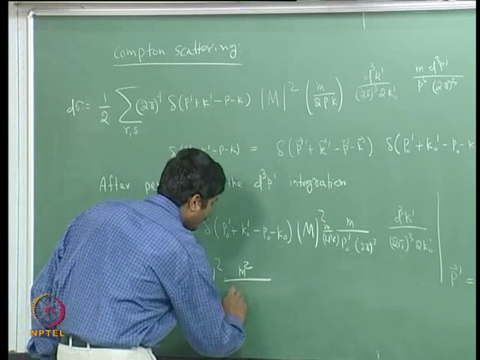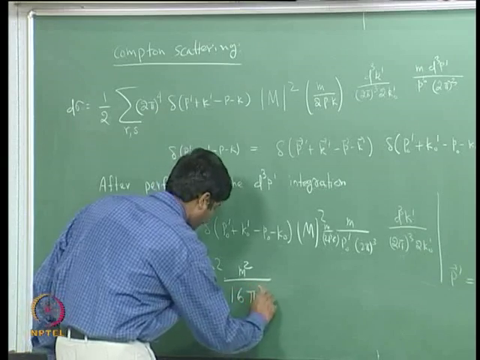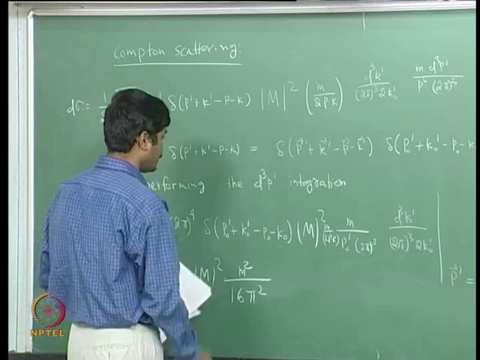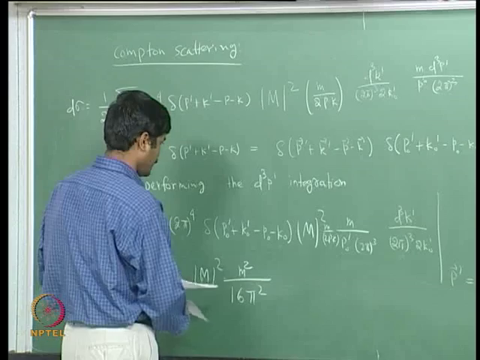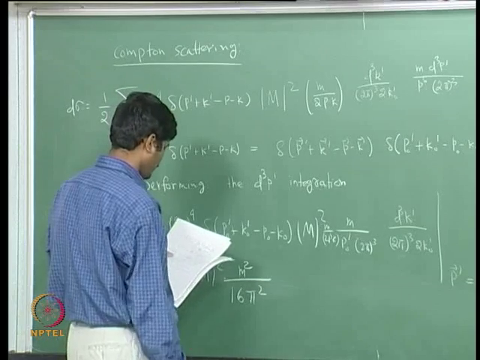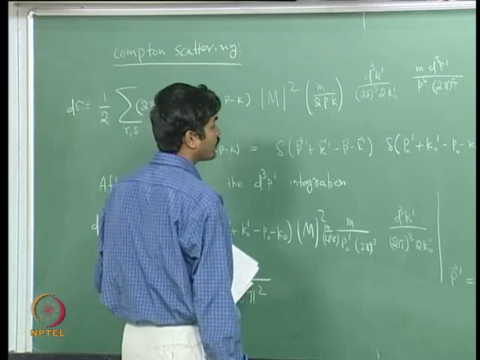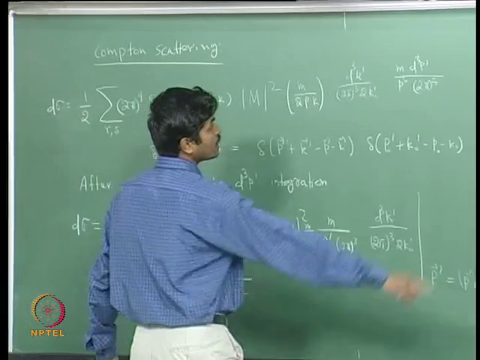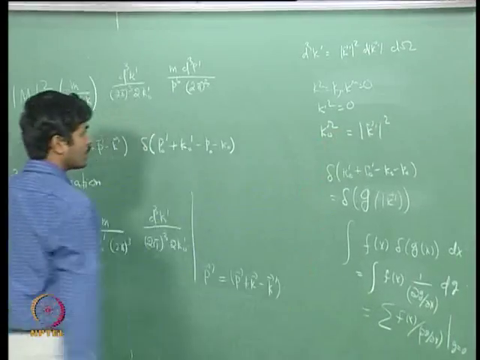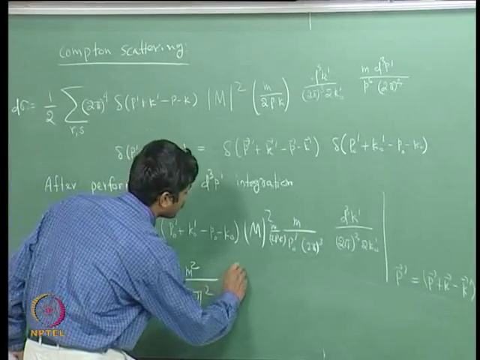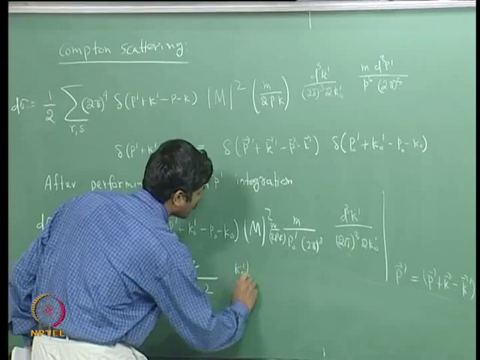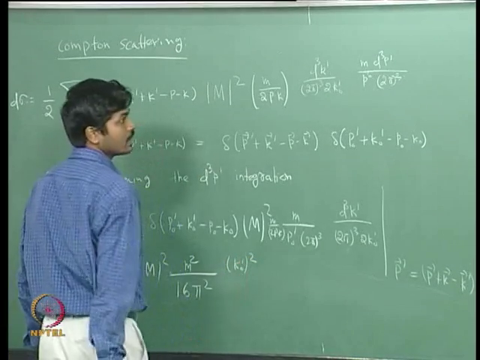In the denominator I have 16 pi square, then k0 prime square. Because of this I will get k0 prime square, okay.